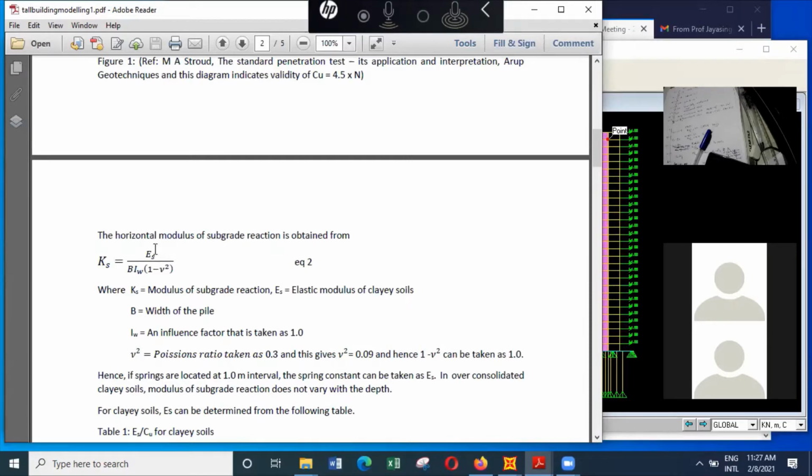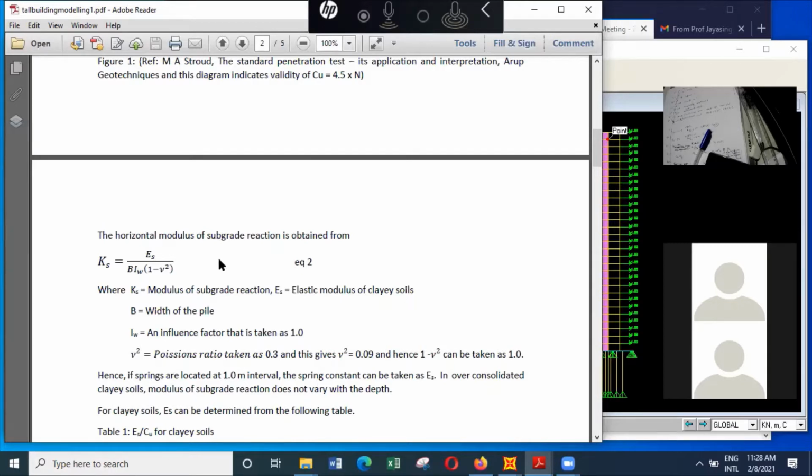So here you will see to find Ks value, we divide the elastic modulus by B, and then we multiply it by B times H. So you can simply say the spring constant will be elastic modulus multiplied by the vertical spacing of springs. Because to find Ks, we divide Es by B, and then we multiply it by the area, which is B multiplied by H.